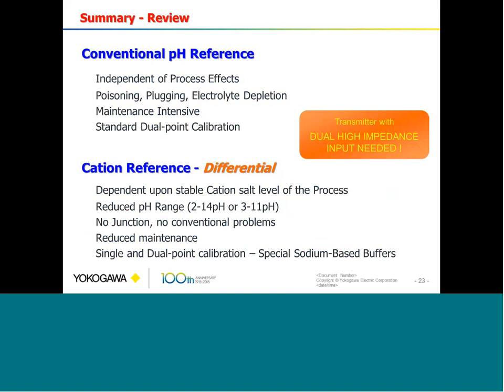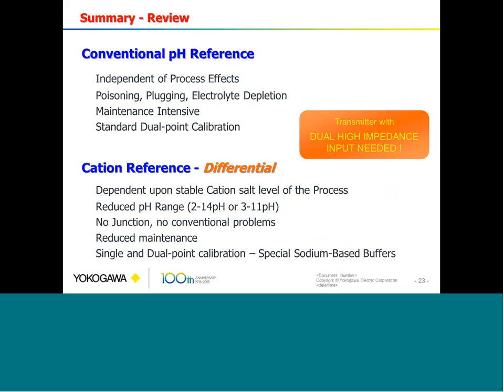To review a little bit, again, the conventional reference is independent of the process effects. That means it'll give you a nice steady voltage as long as there's no poisoning, plugging, or electrolyte depletion. But a cation electrode is dependent on the process because it's dependent on the salt level of the process. We'll talk about that a little more in a minute.